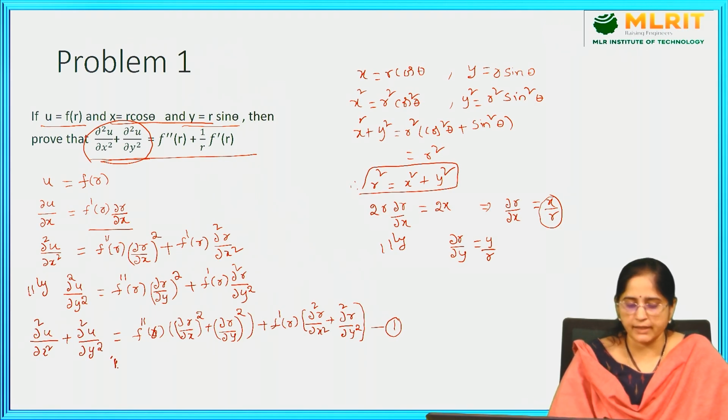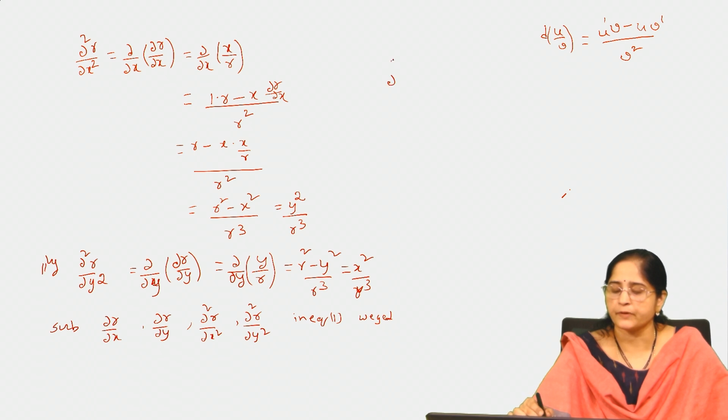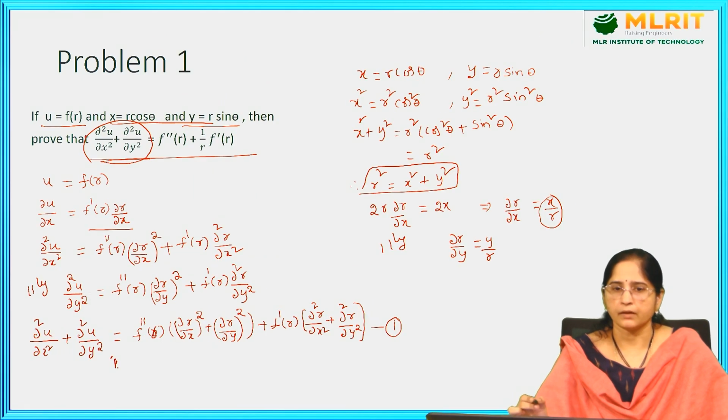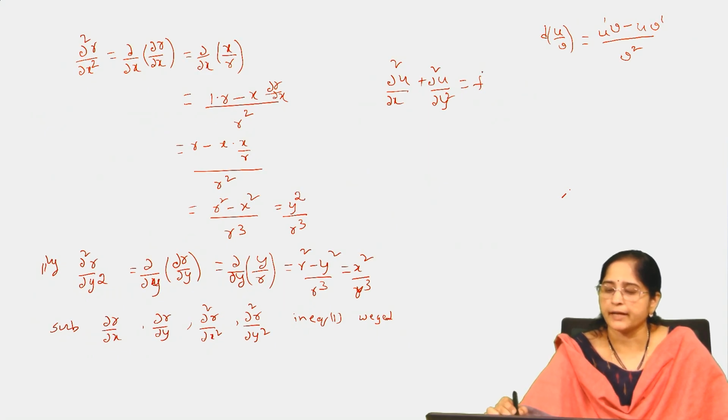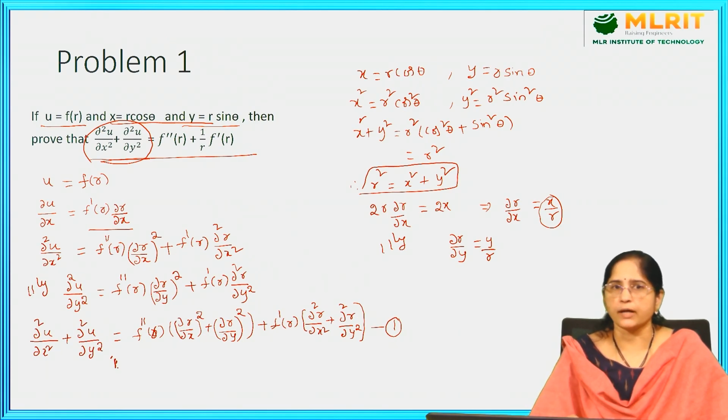So, equation 1 is this one: dou square u by dou x square plus dou square u by dou y square equal to f double dash of r into dou r by dou x whole square plus dou r by dou y whole square.